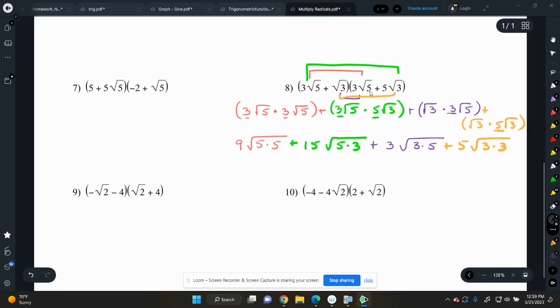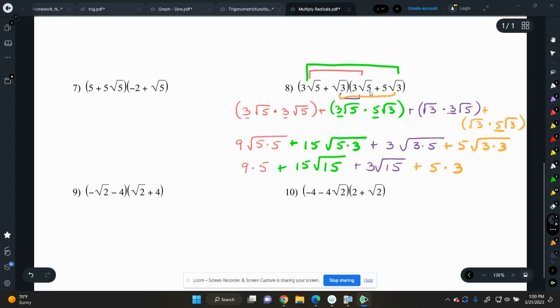So here we get, the 5s are going to come out, so we get 9 times 5. Plus, nothing comes out, so this remains 15 square root of 15. And then we have plus 3, nothing comes out, so that's square root of 15. And then plus 5, the 3s are going to come out, so 5 times 3.